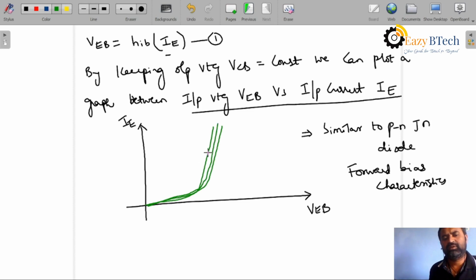Okay, you will get the graph like this. This is at VCB 1 volt, VCB 2 volts.